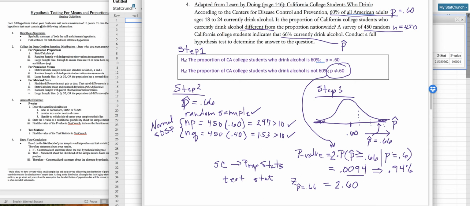So we believed that p was equal to 0.6. Something very unlikely has happened. When that is the case, we reject our null hypothesis. So we're going to forget about that. Instead, we're going to support our alternate hypothesis. And it is from that information that we're going to draw our final conclusion.